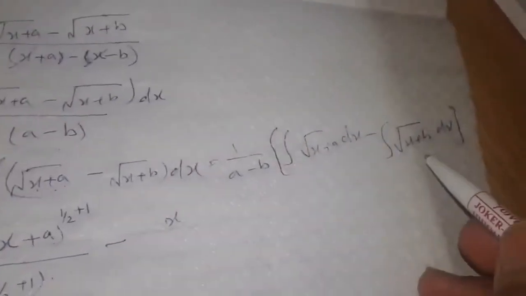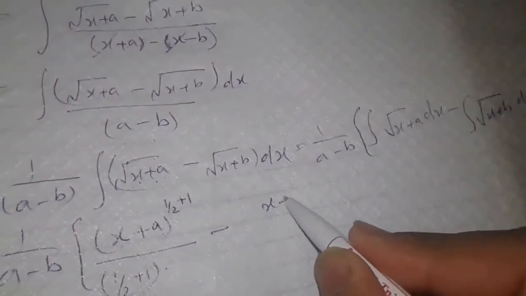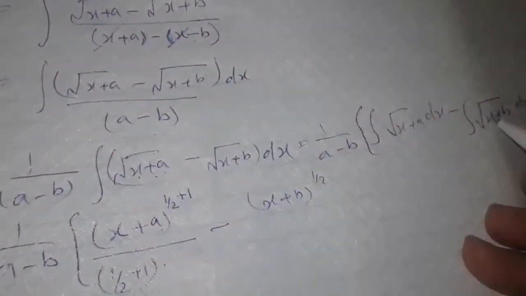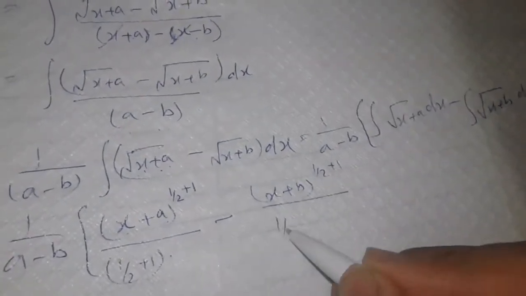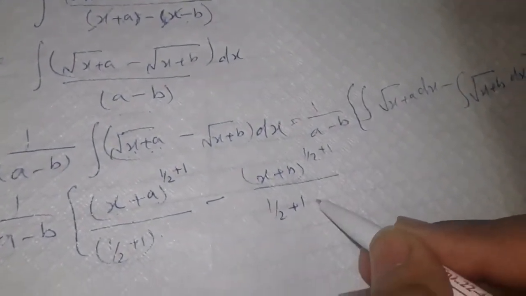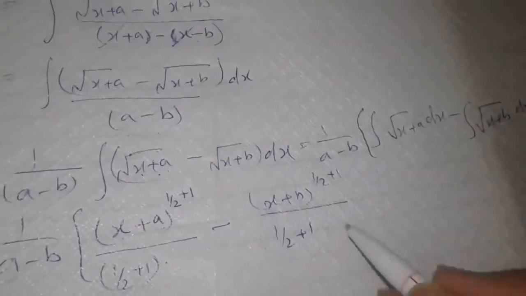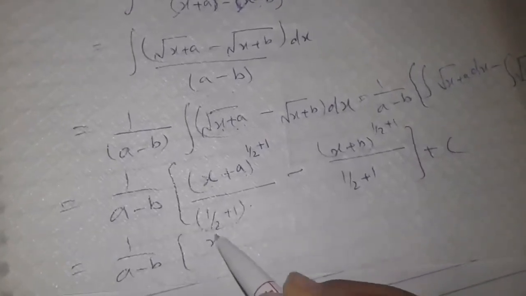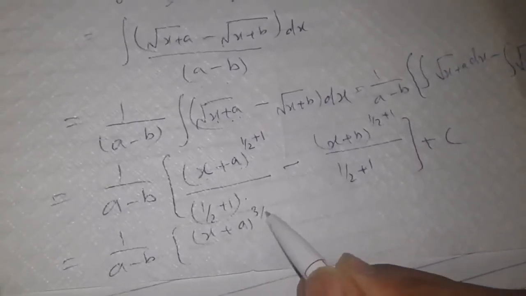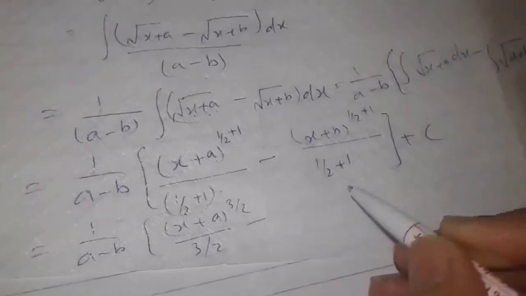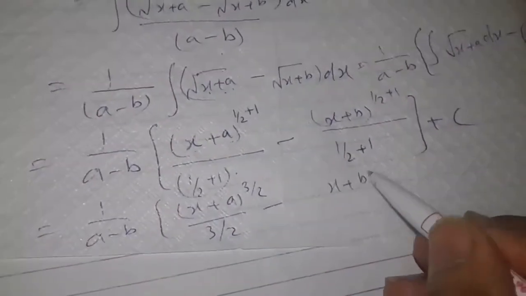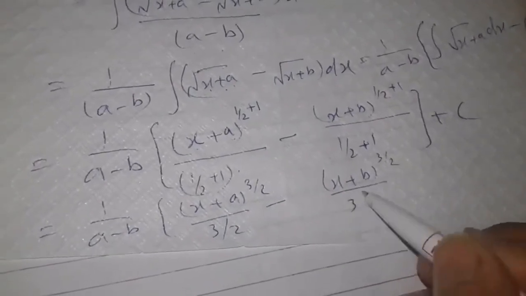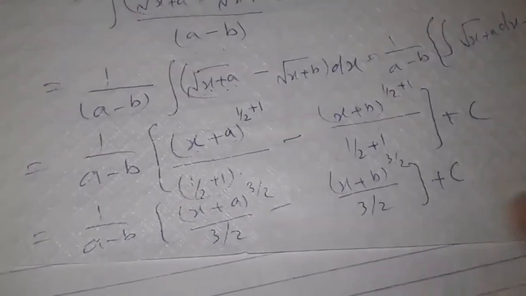Now when we integrate the second term, x plus b power 1 by 2 plus 1 divided by 1 by 2 plus 1, multiplied by the derivative of this function without power, which is 1. So we can write it like this: 1 over a minus b into x plus a power 3 by 2 divided by 3 by 2 minus x plus b power 3 by 2 over 3 by 2, plus c, the constant of integration, as usual.